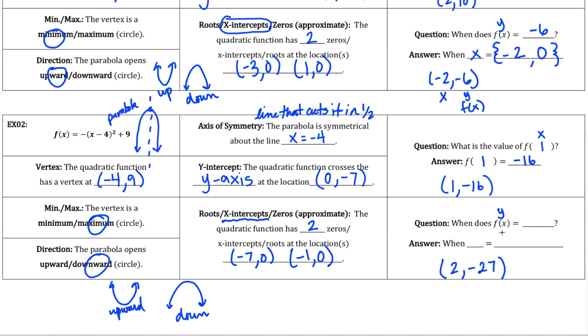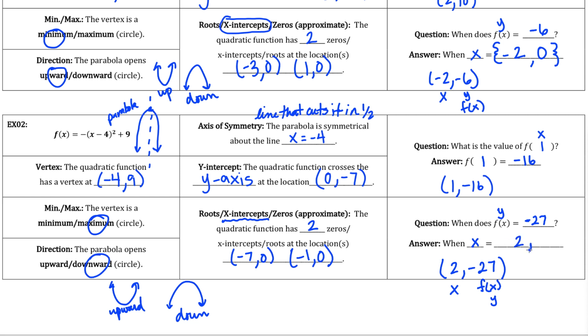When does f of x, or the y, equal negative 27? It equals negative 27 when x equals 2. So y is negative 27 when x is 2.